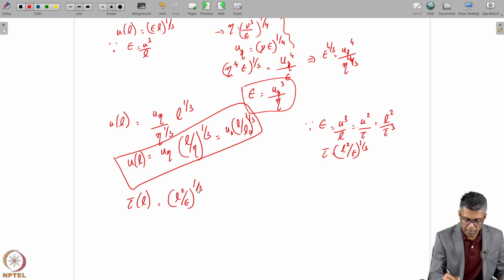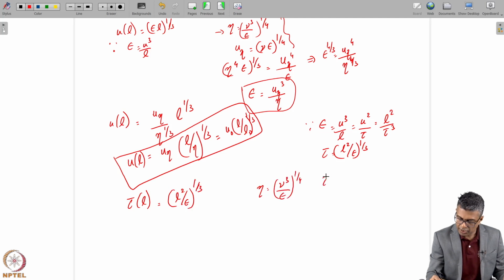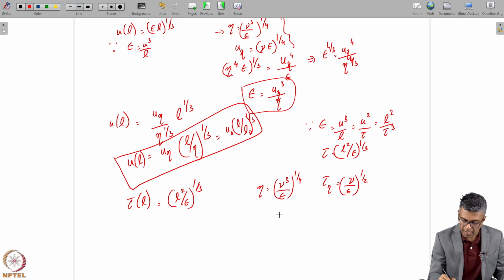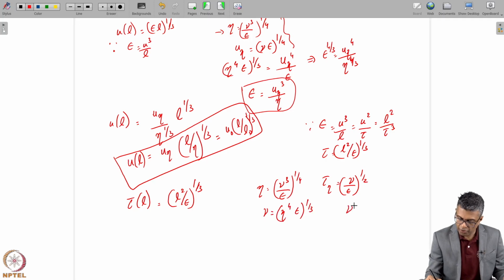And then using the fact that eta is (nu cubed over epsilon)^(1/4) and tau eta is (nu over epsilon)^(1/2), I will eliminate viscosity from here. How do I do that? I will write viscosity here as eta^4 epsilon^(1/3), and nu from here is tau eta squared epsilon, isn't it?